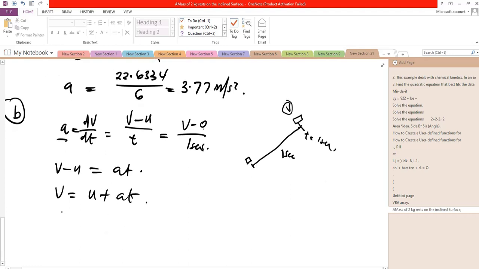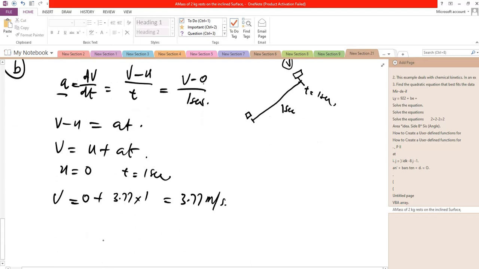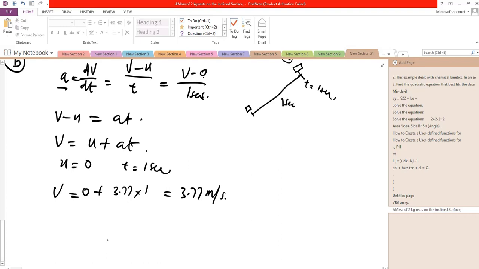Since u is equal to 0, at time t equal to 1 second, the final velocity will be 0 plus the acceleration, 3.77 times 1 second, which gives us 3.77 meters per second. Now we have gotten the final velocity at the instance when the thread is caught.